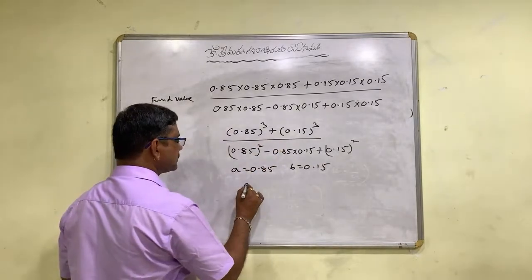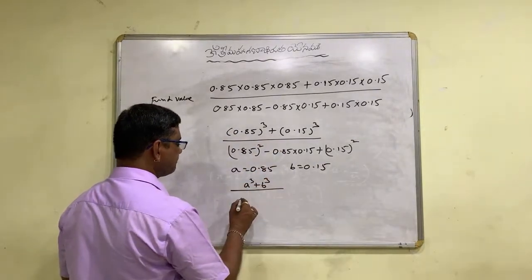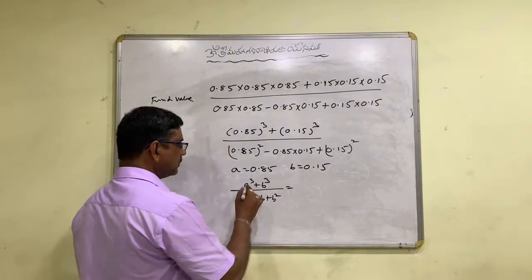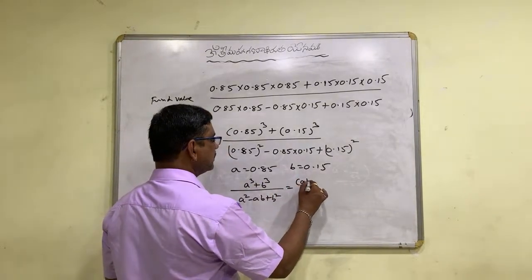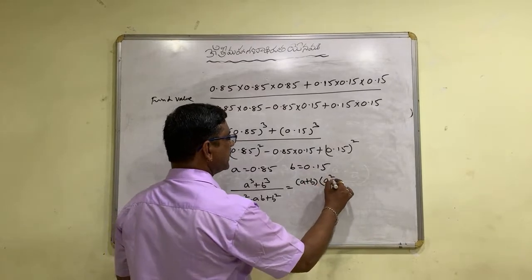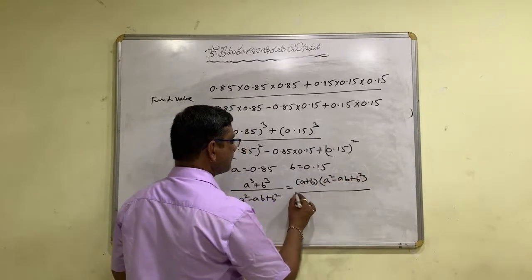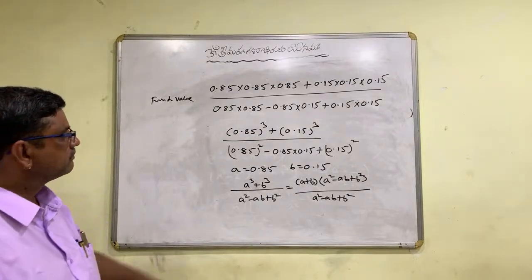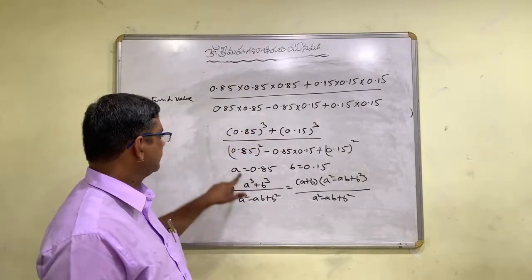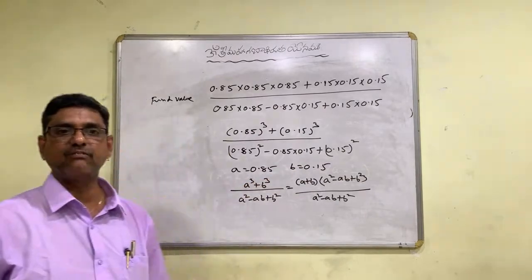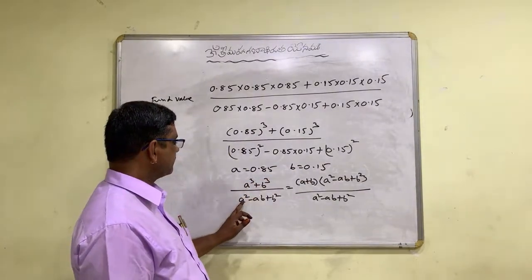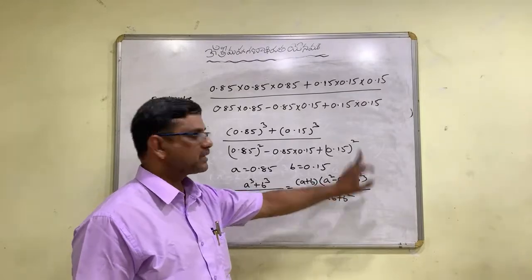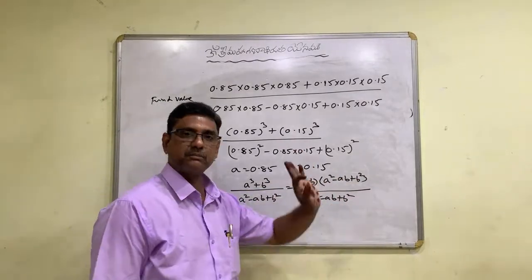So a cube plus b cube we can write as a plus b into a square minus ab plus b square, by a square minus ab plus b square.